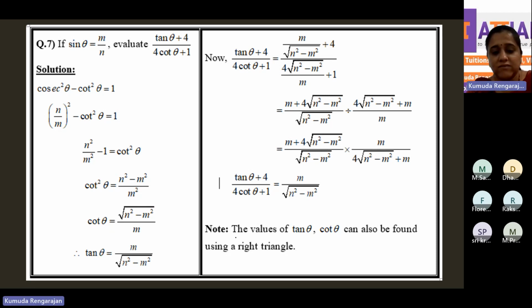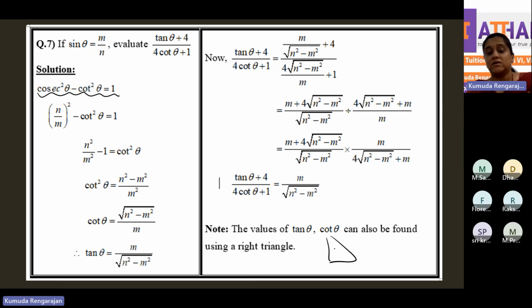See here I've written the values of tan theta, cot theta. They can also be found using the right triangle. Right triangle always you can use. I've used the trigonometric identity approach. You can also use a right triangle.